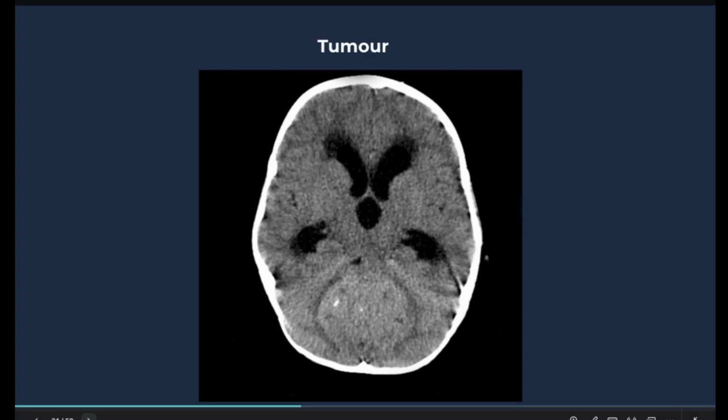Cerebellum. So yes, this is here the area where you could see the tumor. And again, here you can see the ventricles are slightly enlarged, and the temporal horn is also slightly enlarged, as the tumor is squishing everything, which is making the CSF flow back into the ventricles as well.